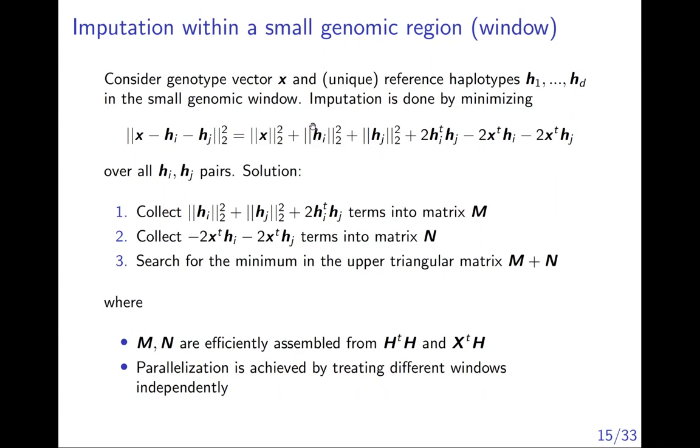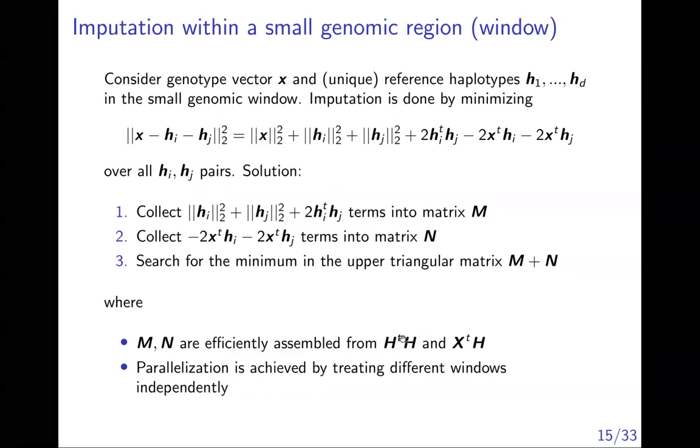The idea is basically we will collect these terms involving inner products of H's into a matrix, M, and then these terms involving inner products of X and H's into another matrix. And these 2 matrices can be very quickly assembled from matrix-matrix multiplications. We invoke BLAS3 to compute these, so they are very fast.